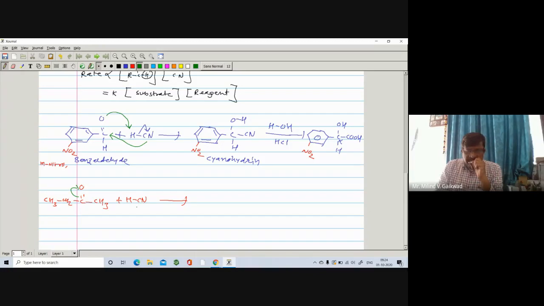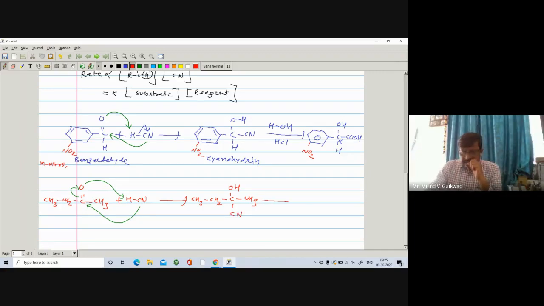The CN negative will attack this C positive, and this O negative will attack this H positive, and you get the corresponding product like this: CH3, CH2, C with OH, CH3, and CN. This is the cyanide.